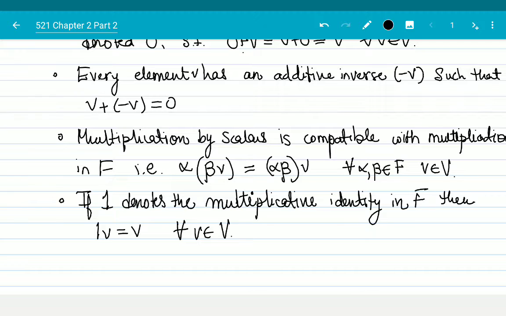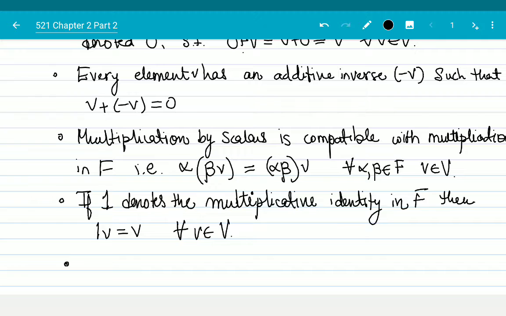Technically, this is a direct consequence of multiplication by scalars. But it is always important to write it out explicitly. This is an important property that should hold true.